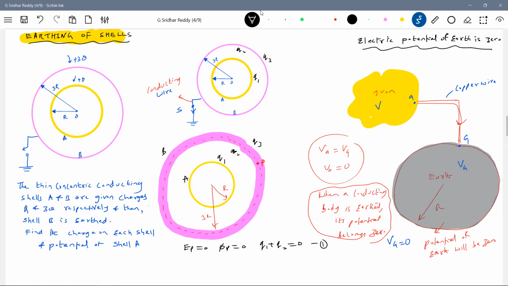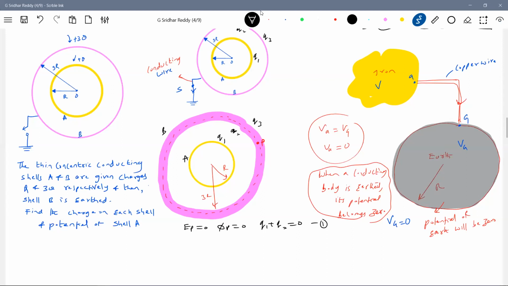Everywhere you can use this, not only in this problem. A shell which is not earthed, the charge of the shell should be conserved. We'll apply the conservation of charge principle. Which shell is not earthed? Shell B is not earthed, so the charge of shell B should be conserved.